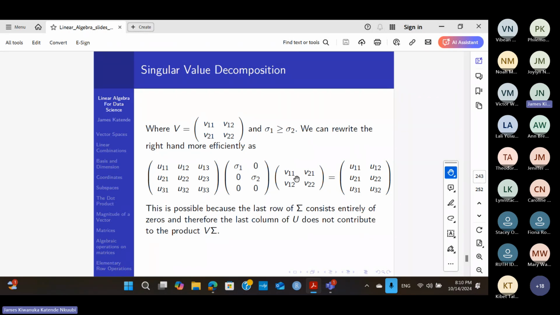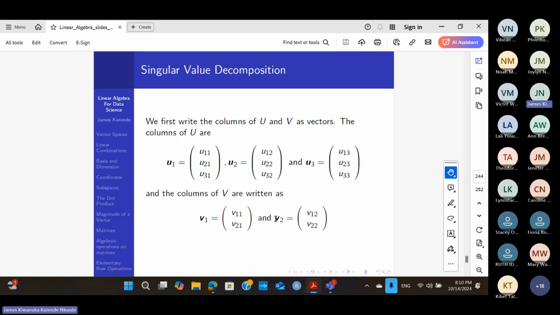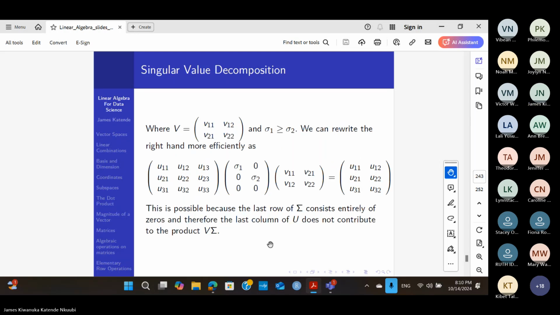And then these other two vectors, V1 and V2, are the columns of the matrix V. This is V transpose, so you have to think of V. So these are the columns that make up V. This is V transpose, so we are not looking at this. The V1 is this first column. V2 is this second column.